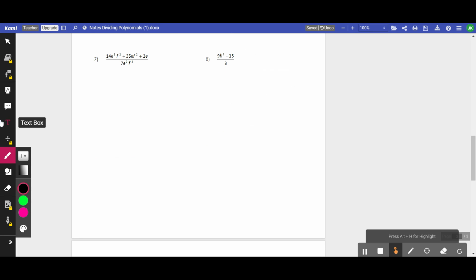So for number 7, you can start this the same way. So you can divide each of your terms in the numerator by the 7e squared f squared though. So I'm going to write this out to start that.